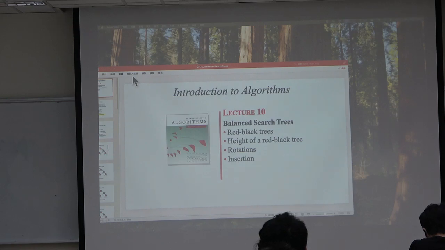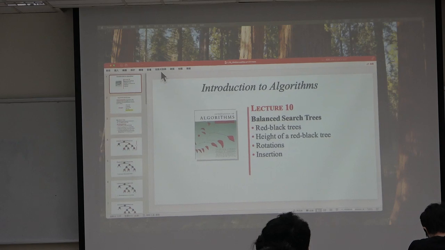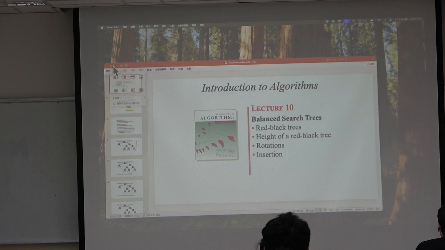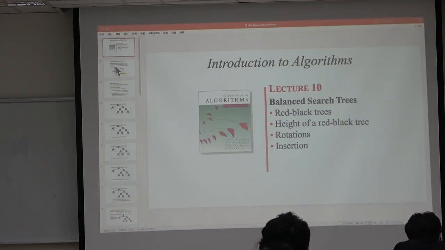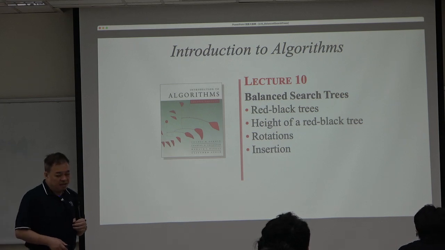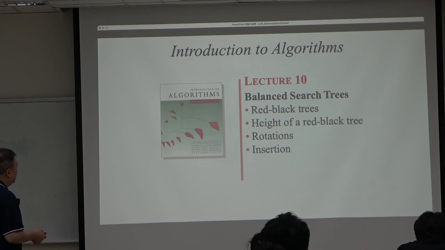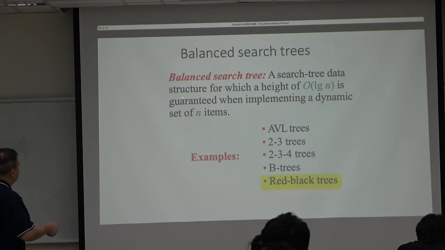We will continue on the topic of search trees. Binary search tree is just one of them, but there are multiple such trees out there, and many of them have very good properties. For example, a lot of trees are balanced.